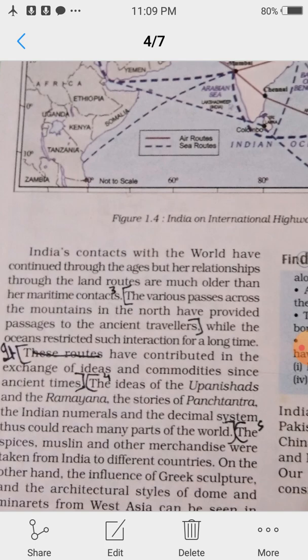The ideas of the Upanishads and the Ramayana, the stories of the Panchatantra, and Indian numerals and the decimal system thus could reach many parts of the world.